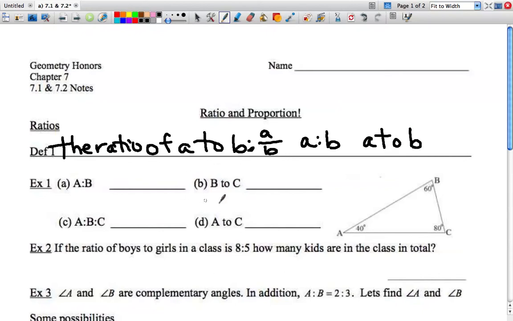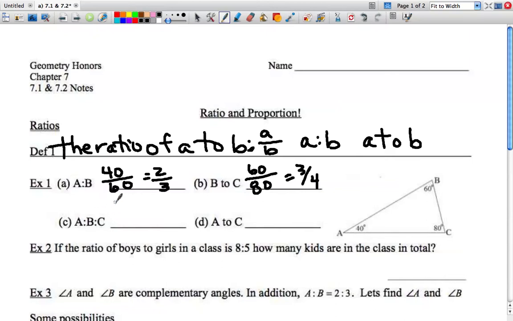Here's an example. In the triangle ABC, the ratio of angle A to angle B is 40 to 60, which we can simplify to 2 to 3. The ratio of B to C is 60 to 80, which we can simplify as 3 to 4. The ratio of A to B to C, we wouldn't be able to make that into a fraction.